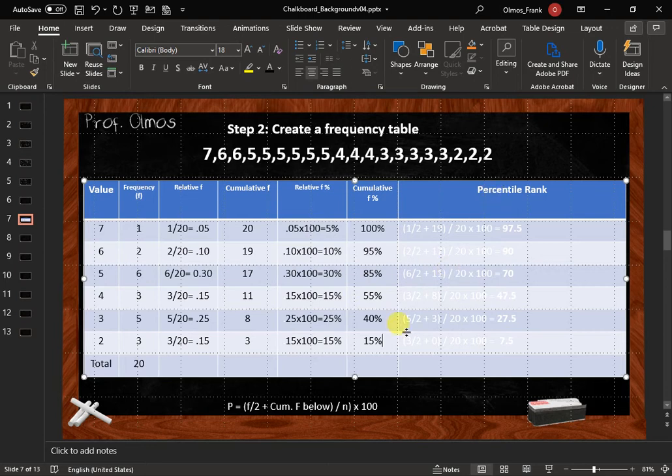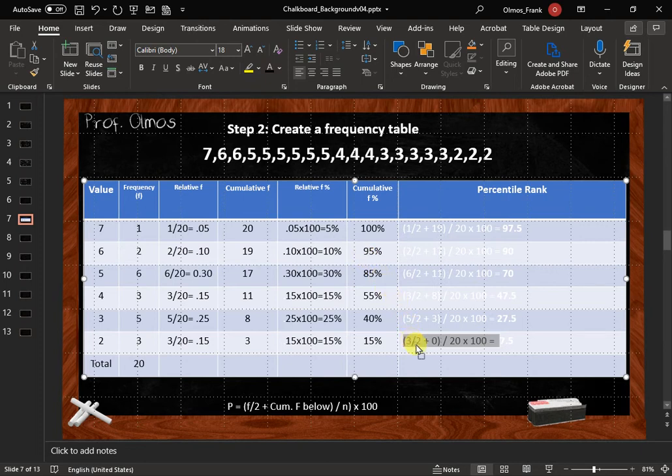Okay, for percentile rank, here's the formula. It's the frequency of that value divided by 2, plus the cumulative frequency below, divided by the total, which is n, 20 in this case, and then times 100. So let's try the bottom one here.